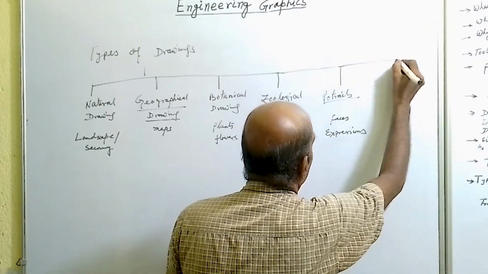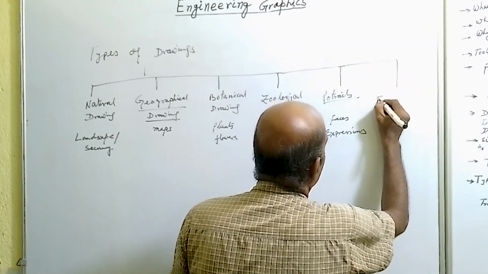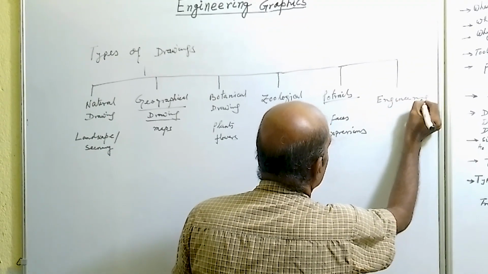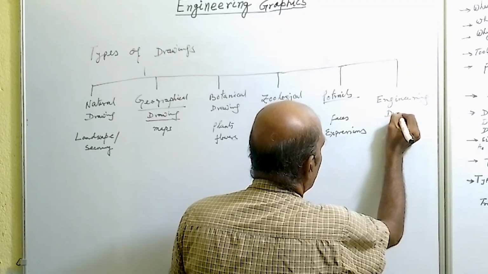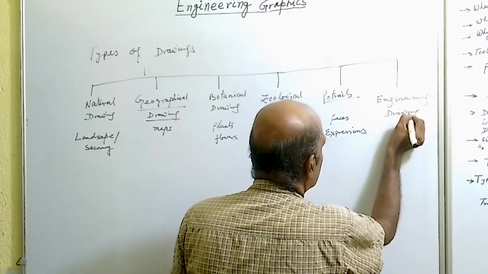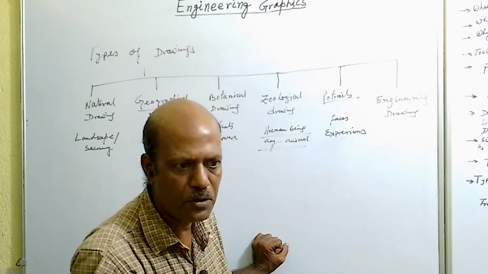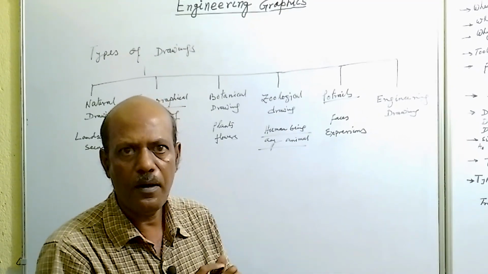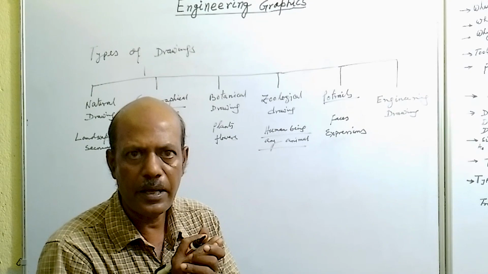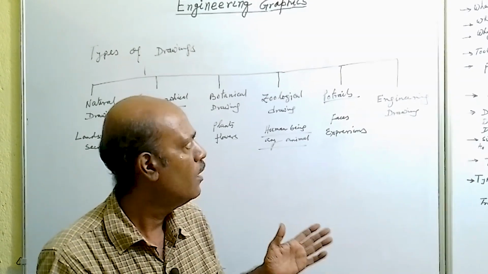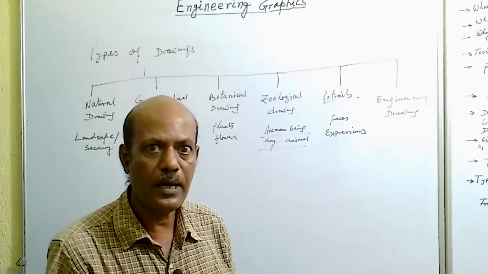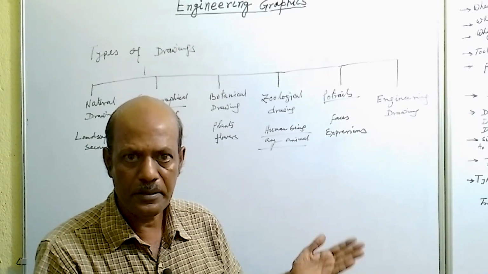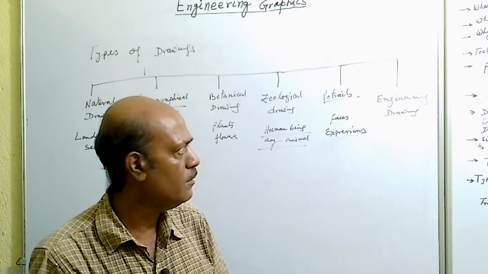And the last kind of drawing, which is called the engineering drawing. So we have discussed what is engineering drawing. It is the presentation of an object on a sheet of paper as per its shape and size with the help of points, lines, curves and symbols.